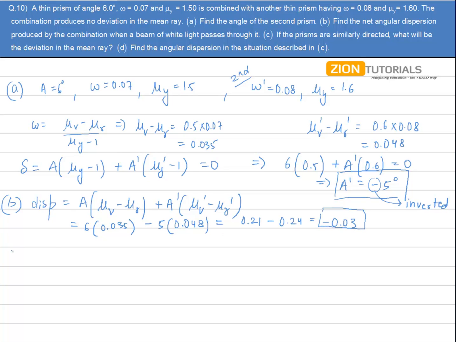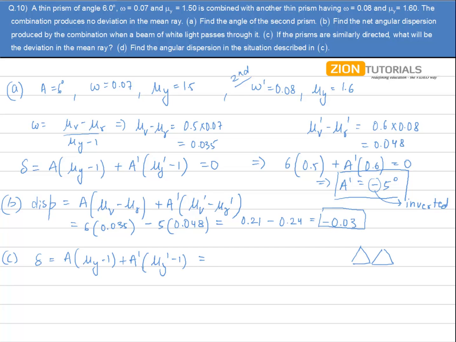Now if you move on to the C part, what it is saying is that if the prisms are similarly directed, that means we have inverted this prism. Now the two prisms are like this only, right? Similarly directed. What will be the deviation in the mean ray? Now delta would be given by A into mu y minus 1, the similar formula which we have used in the first part, plus A dash into mu y dash minus 1.